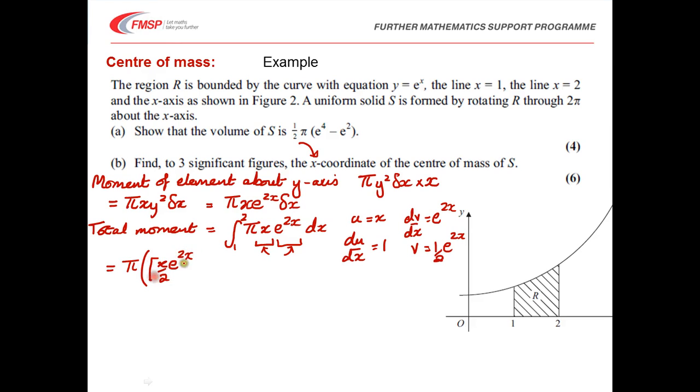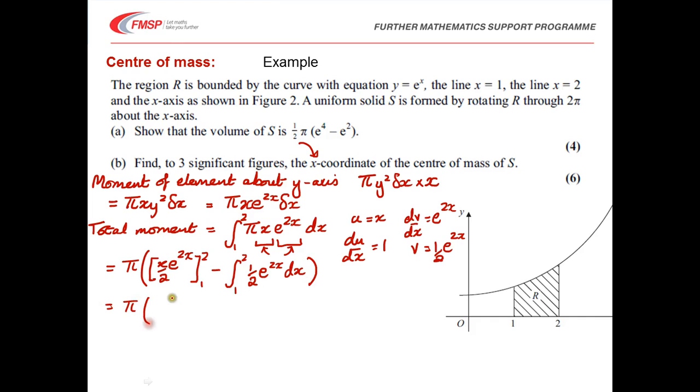Don't forget to put limits on that, between 1 and 2, minus the integral between 1 and 2 of v du dx. There we go. Close my final bracket there.